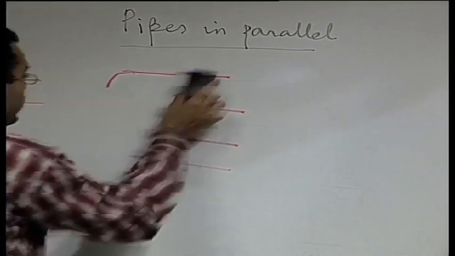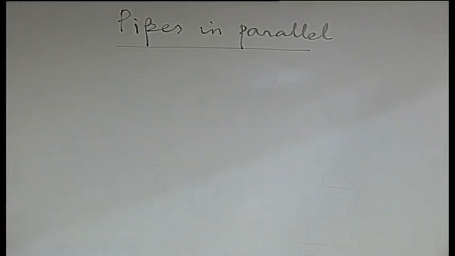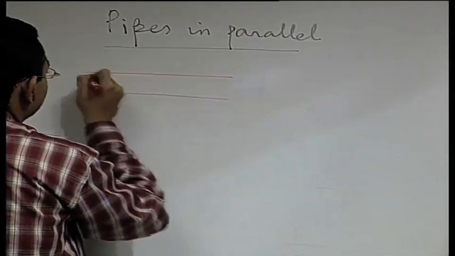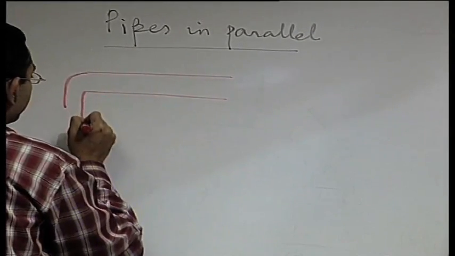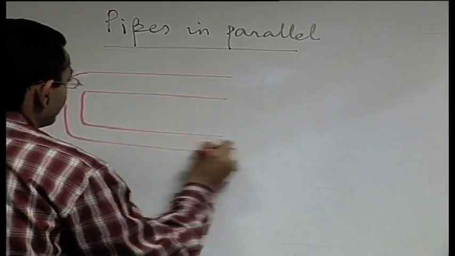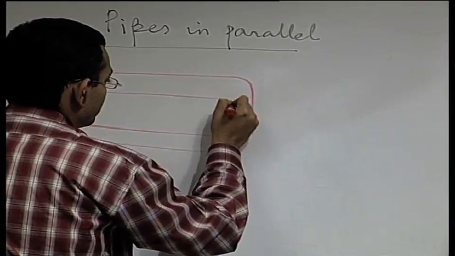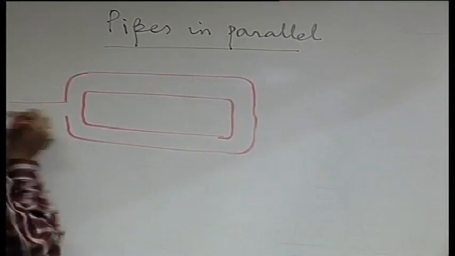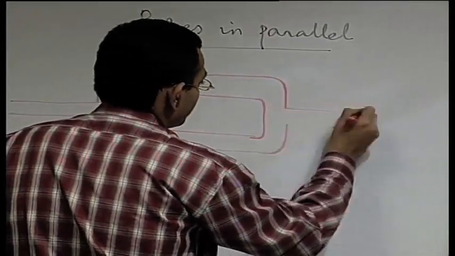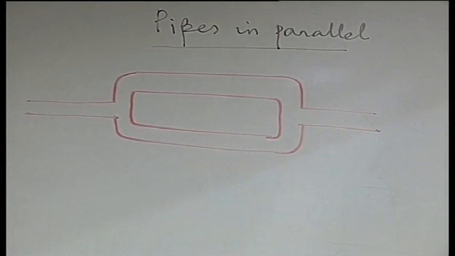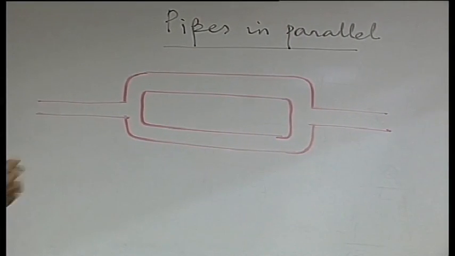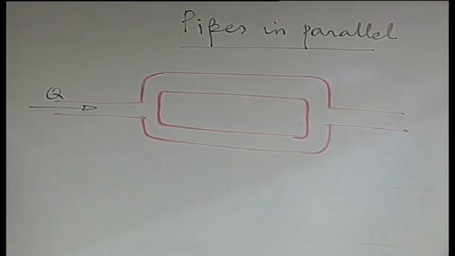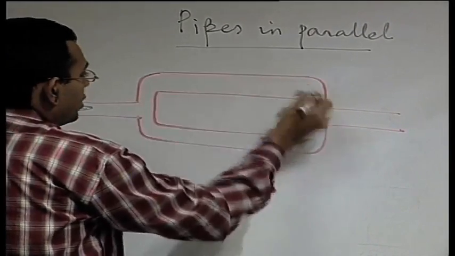Let me sketch it in a slightly different way. Let us say that you have a pipe through which some fluid flow Q is coming. Now you have two pipes.